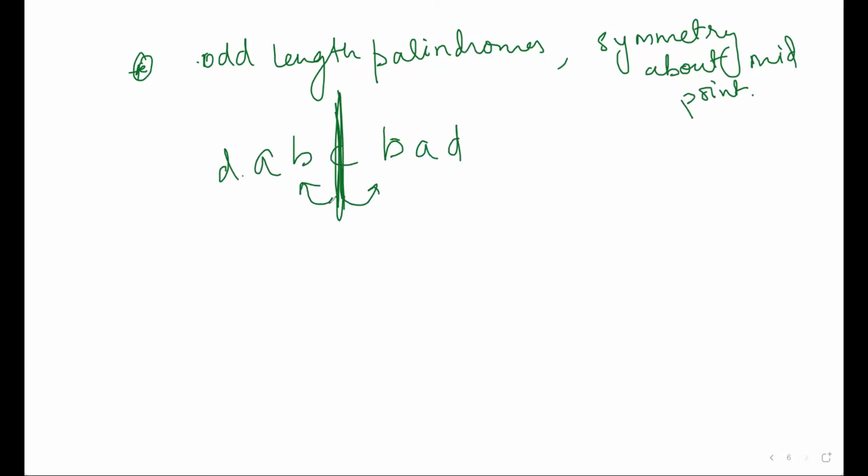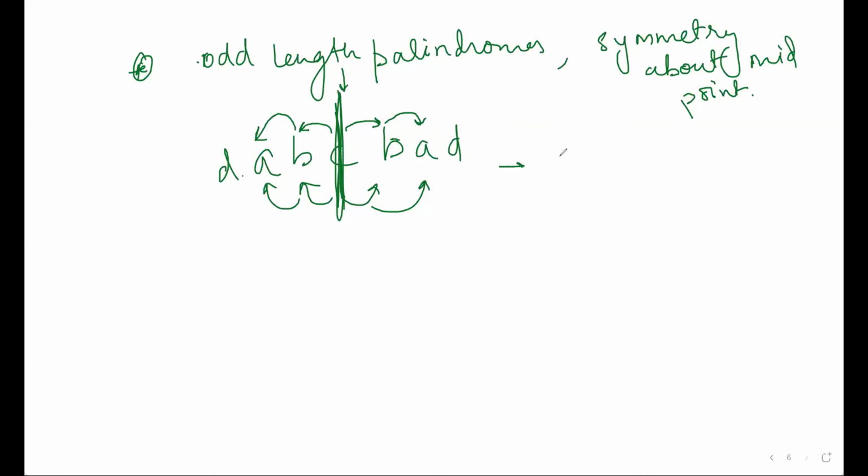This and this character are equal. Next, this and this character are equal. This is the first character to the left, this is the first character to the right. So the first character to the left of the midpoint needs to be equal to the first character to the right of the midpoint. Next, the second character to the left of the midpoint needs to be equal to the second character to the right of the midpoint. Then only you can form a palindrome, where this is the midpoint. That is the observation here.